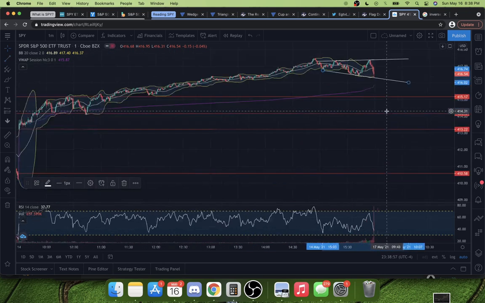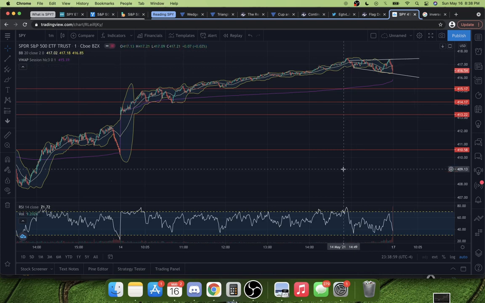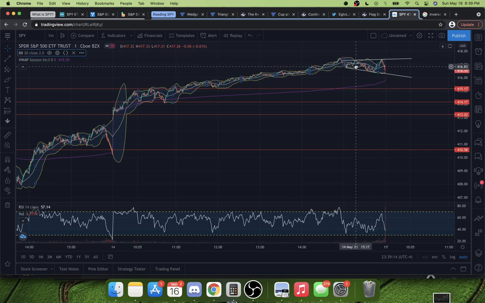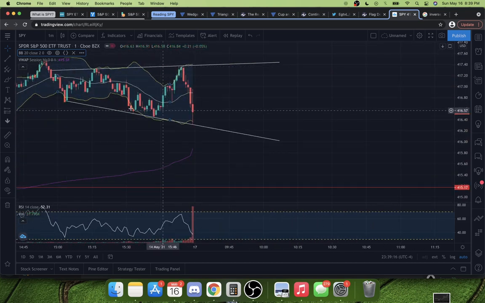You're just seeing the retests of trend. If it comes down and it holds there, that's a trend line in and of itself, and then you see that trend line continues there and it continues here. So that's basically all I'm looking at.